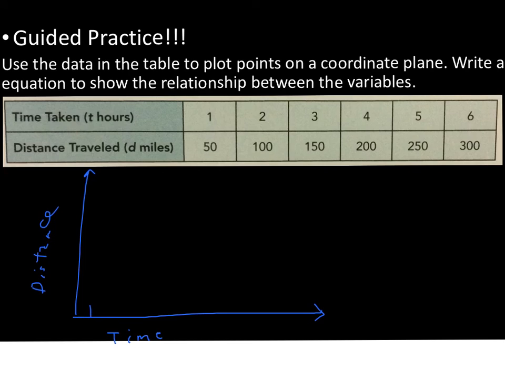And I'm going to go ahead and count by ones here. And here I'm going to count by 50s because it looks like that's what they're doing.